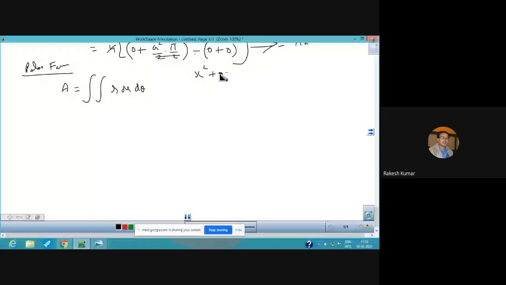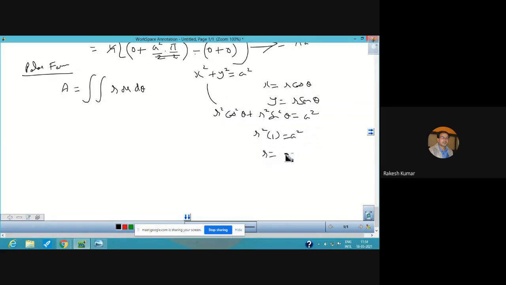So put x is equal to r cos theta and y is equal to r sine theta here. So when you substitute here, you will have r square cos square theta plus r square sine square theta is equal to a square. So r square into 1 is equal to a square, r is equal to plus minus a.